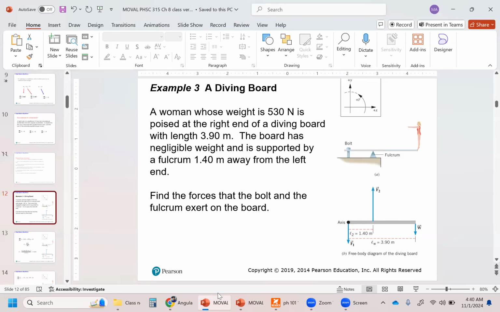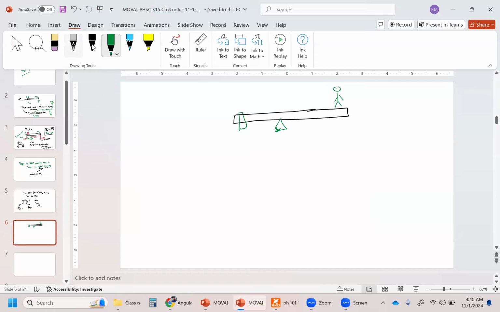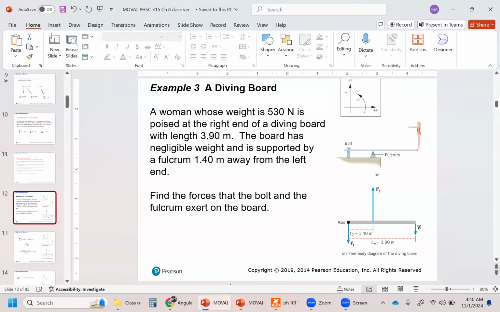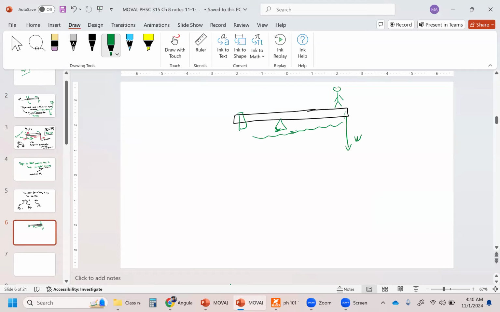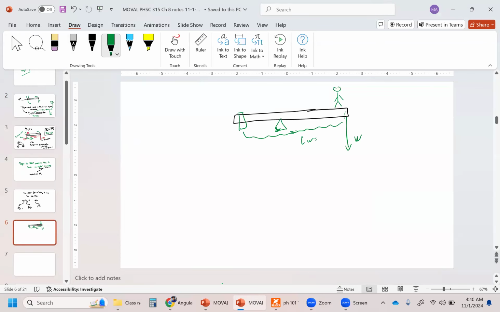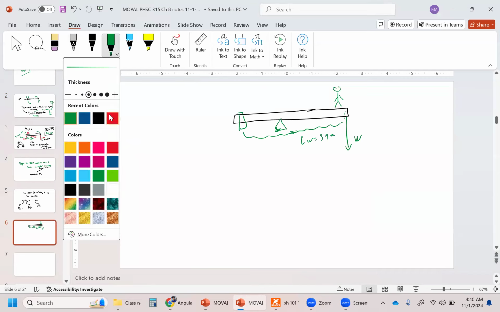So that person has a weight going down there. And this is your length all the way to the bolt, 3.9 meters. And let me actually draw this in a different color.